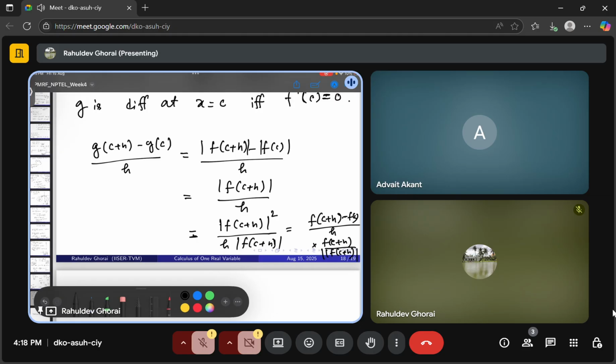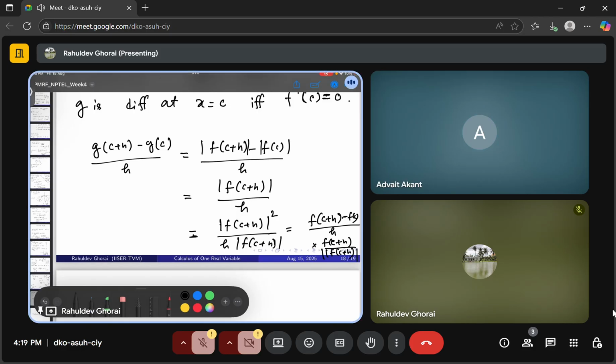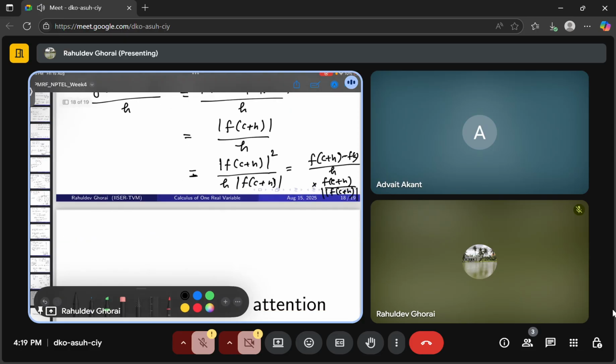But you don't know whether that is bounded or not. And the left product is just f dash c, which is 0. If that is 0, then it will be differentiable, right?